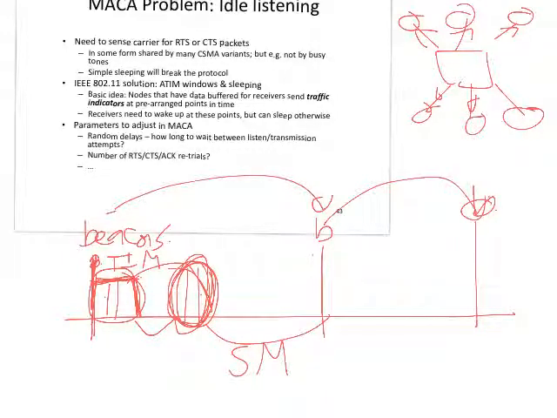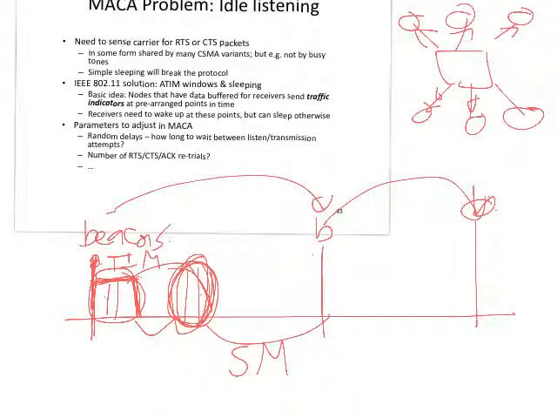The traffic indicator map is a modification of the point coordination function to give you not only the polling, but also the future intention. I need to give you the future intention that in the near future I will send you data or not. Why?